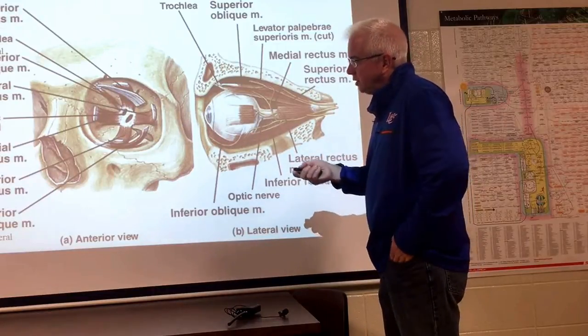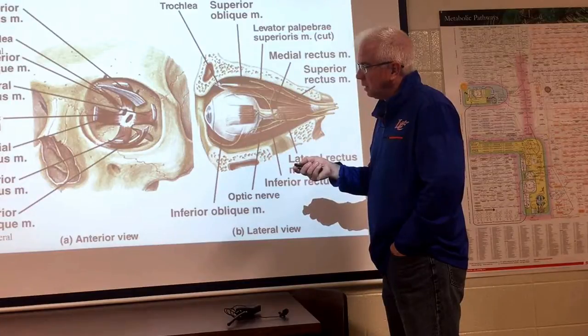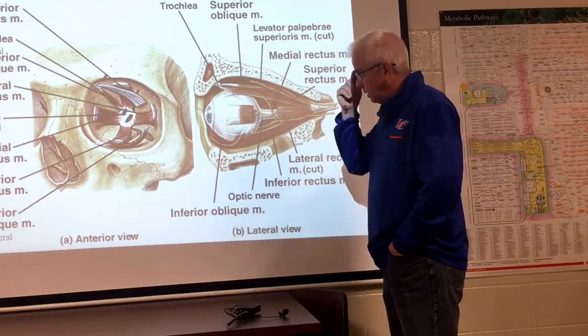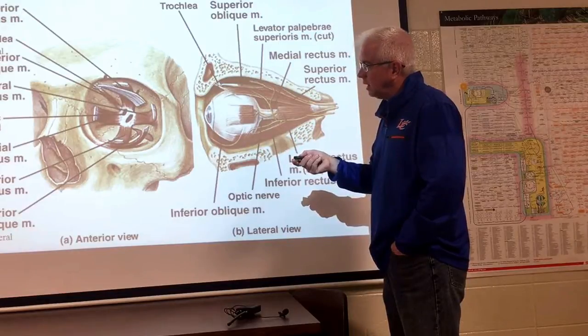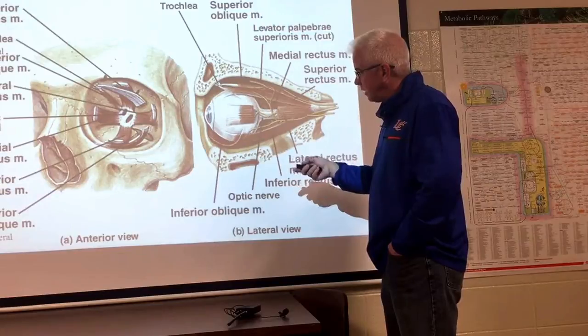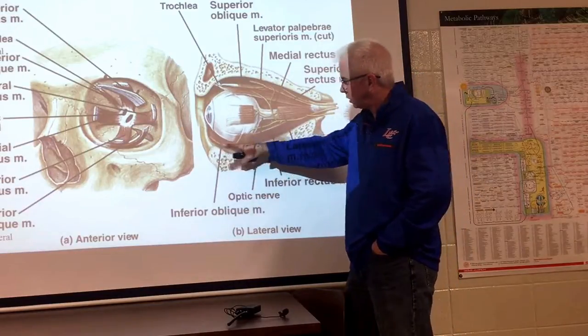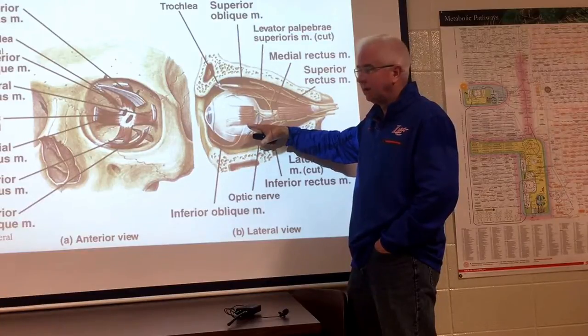Now, the inferior oblique, this one down here, this muscle actually attaches down here on the maxilla, in the floor of the orbit of the eye. And this guy moves across the bottom of the eye. You can see it labeled here. Moves across the bottom of the eye to attach also to the lateral portion of the eye.